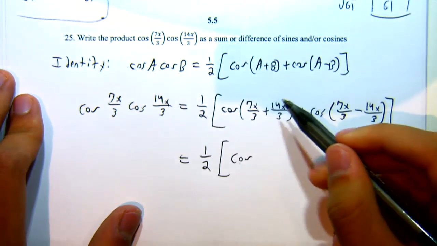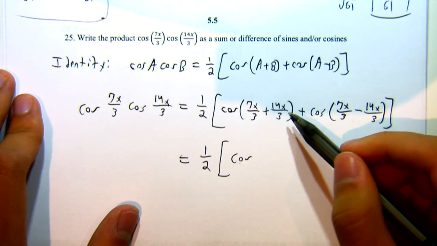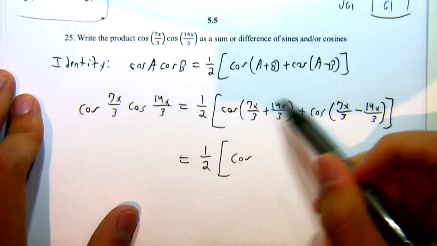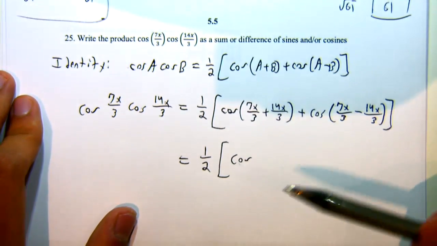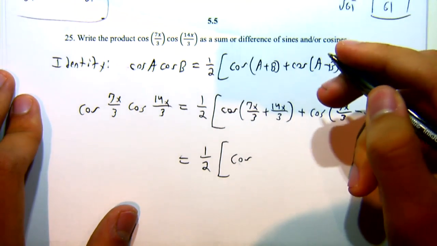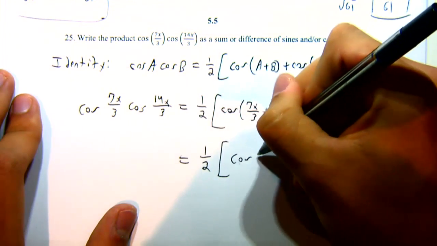So 7x plus 14x is going to give us 21x, and 21 divided by 3 is going to give us 7. So it's just cosine 7x.